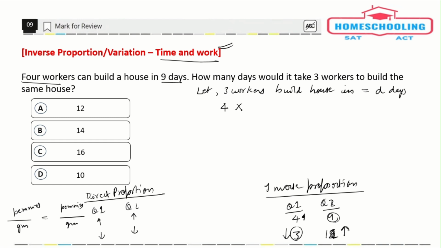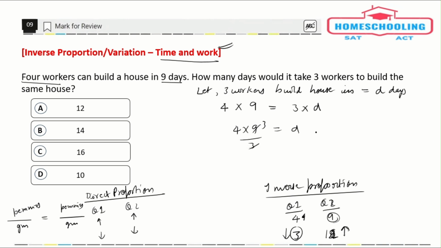So 4 workers can build a house in 9 days. Instead of division, we multiply here, equal to 3 workers completing in D days. So D would be 4 times 9 divided by 3.